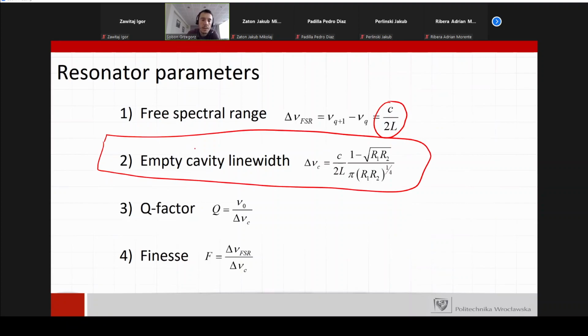We remember that the empty resonator has some resonances spaced by the frequency FSR, and these resonances have their width, which is defined with this formula. And probably I gave you some examples that when the reflectivities of the mirrors are at the level of 97% and 1 meter spacing, the width of the resonance can be at the level of, let's say, 500 kilohertz.